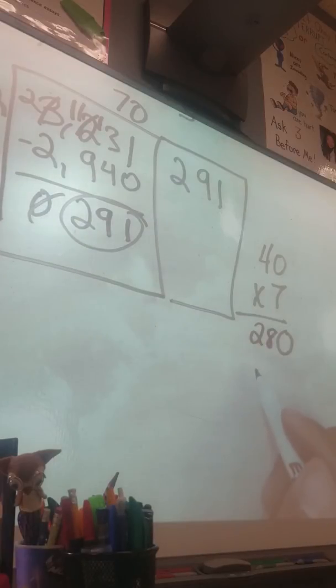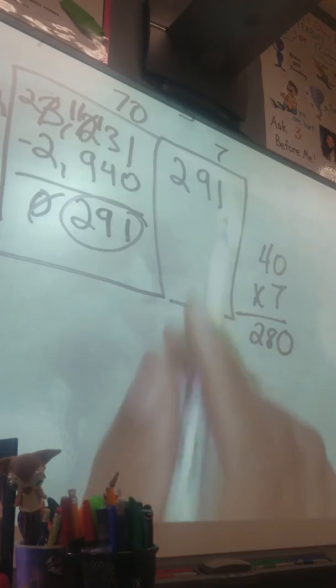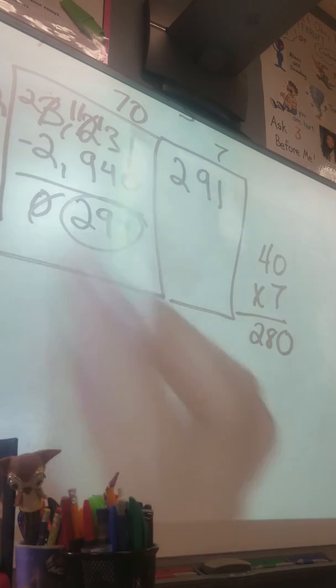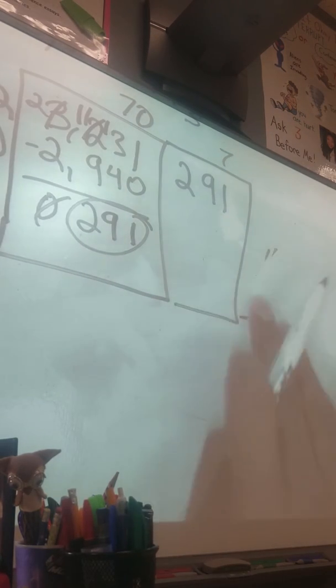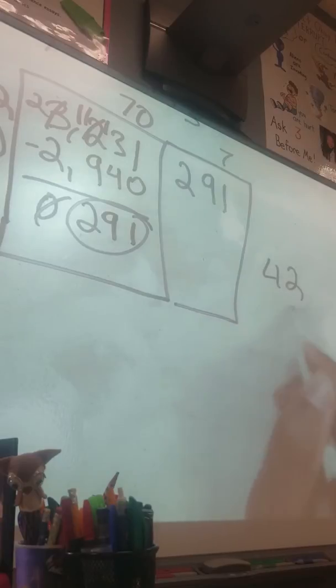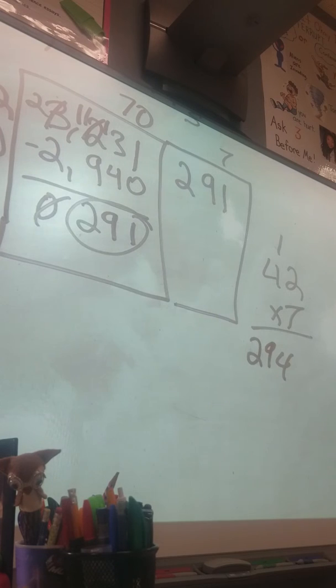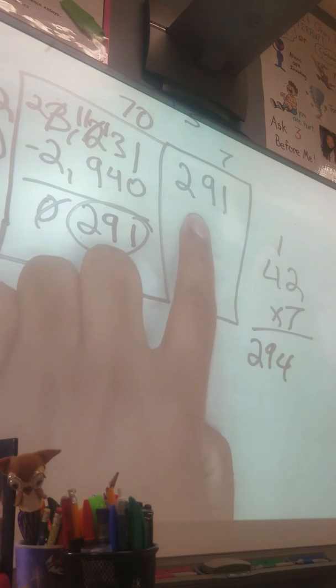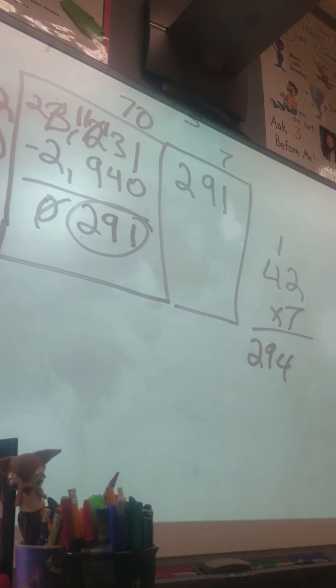So I'm going to try and see if maybe 7 might work. So let's try multiplying our 42 and our 7. Seven times 2 is 14. 4 times 7 is 28 plus 1 is 29. 294. Well, guys, that is too big to go here. We can't subtract that. So we cannot use 7.